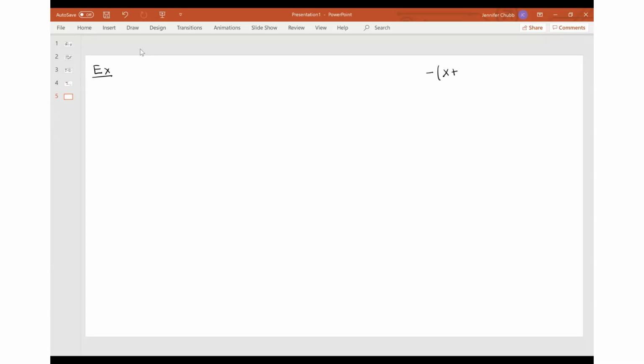Like if you have minus (x plus y), that's equal to negative x plus negative y. This is the logical analog to that. So this is the way I might write a problem like this. Show that the negation of A and B is logically equivalent to not A or not B.